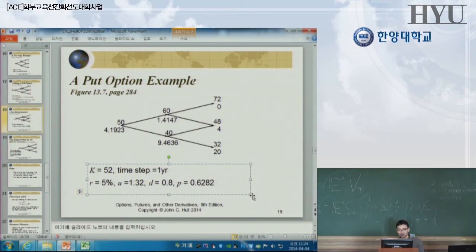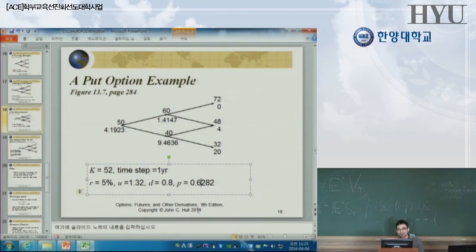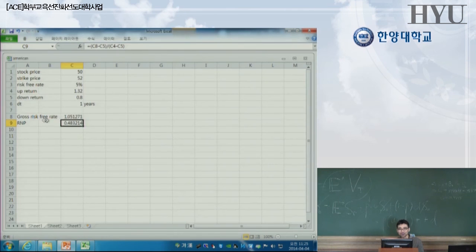I think this number is wrong. Okay, I think my number is right. So risk-neutral probability is e^(rT) minus D divided by U minus D.